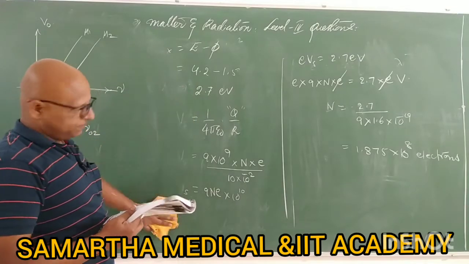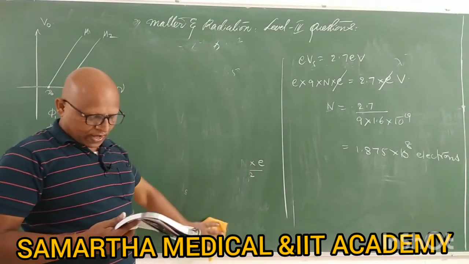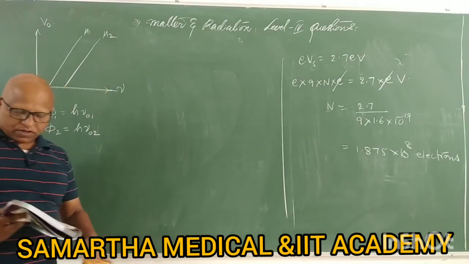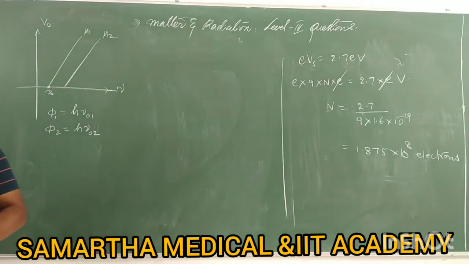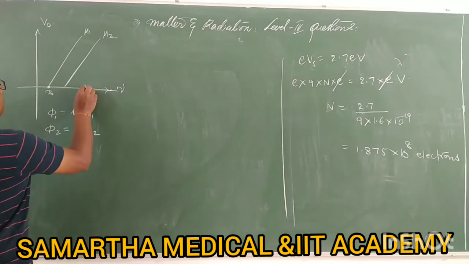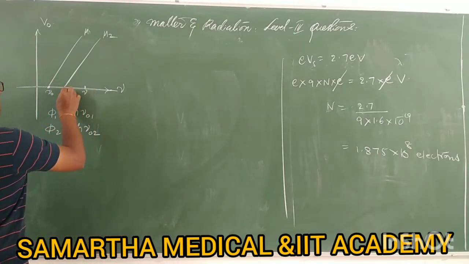From the same figure, the values of stopping potentials for M1 and M2 for a frequency nu 3 which is greater than nu naught 2. So there is some frequency which is greater than nu naught 2.